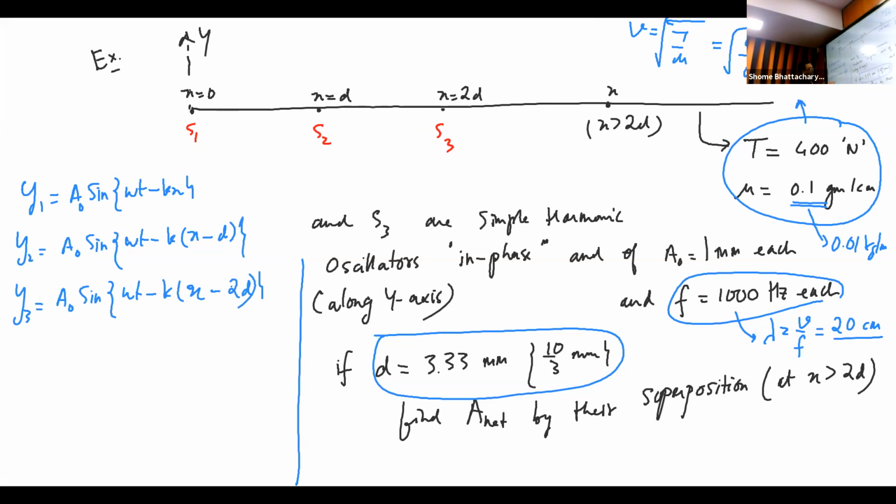So you can see that from this, y1 and y2 have a phase difference of, let's say, phi 1, which is kd.